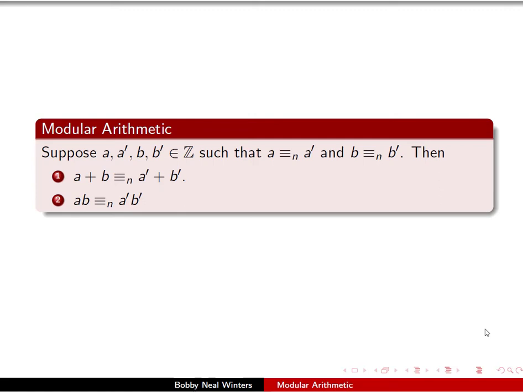Then if we add a plus b, it's going to be equivalent mod n to a prime plus b prime. And if we multiply a times b, it's going to be equivalent to a prime b prime mod n. And so this, combined with the fact that all we really need is the remainder anyway, will give us some quick ways to use modular arithmetic.